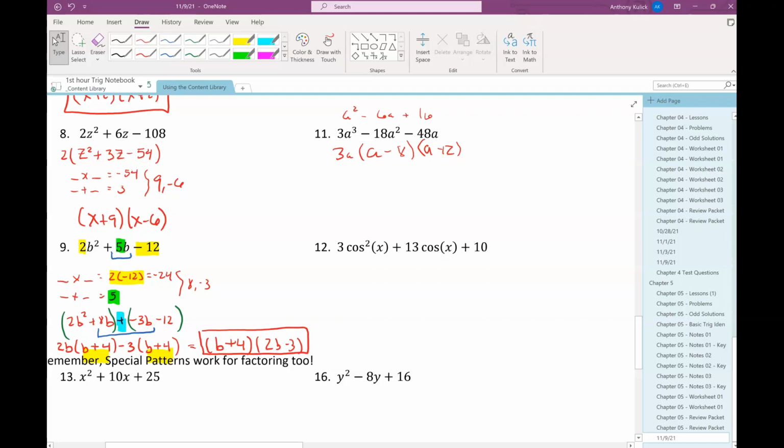Notice here we have some cosines in here instead of just regular variables. Does that really change anything for us, though? No. Really, when I see the cosine squared x and the cosine x, shoot, I just think about that as like 3y squared, like 13y plus 10. Really the same problem, right?